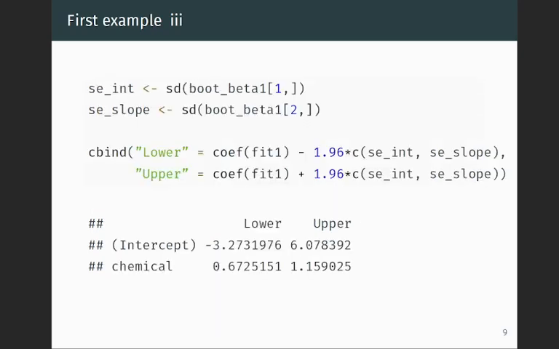And so from this we can compute the standard errors for the intercept and the slope using the sample standard deviation for each row separately. So SE_int, the standard error for the intercept, is sd of boot_beta[1, ], and similarly for the slope.